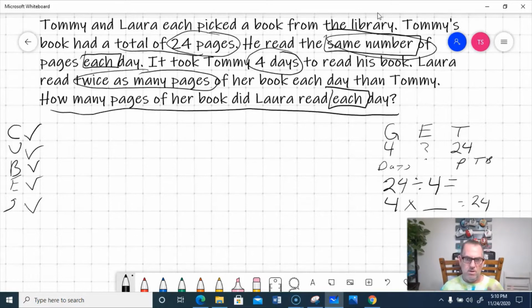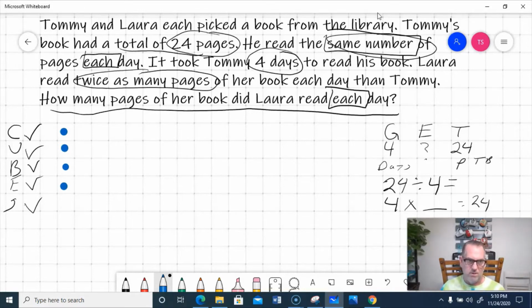Okay, but we're going to use an array to solve this. We're going to use an array to figure out how many pages Tommy read each day. So the dots are going to represent pages, and he read over a period of 4 days. So that'd be 1, 2, 3, 4. And we'll keep going until we get to 24.